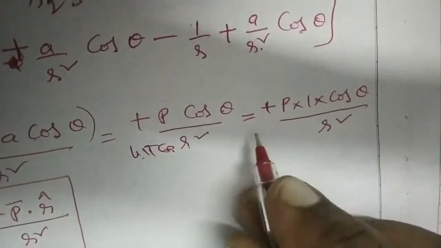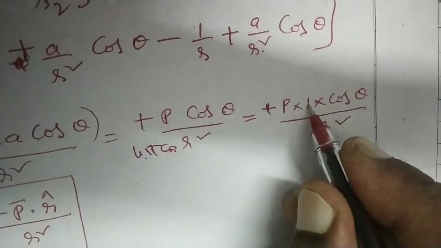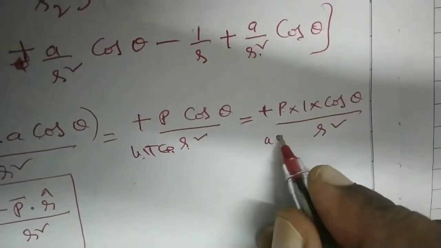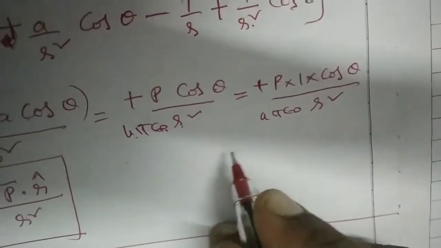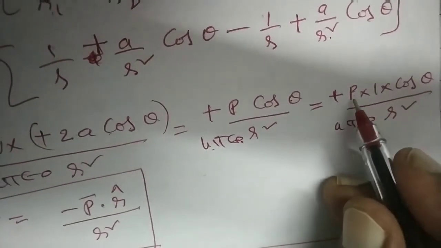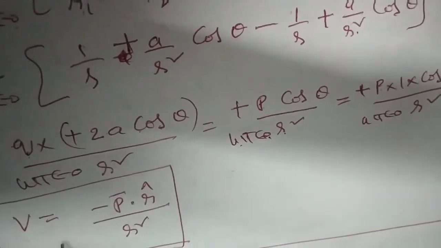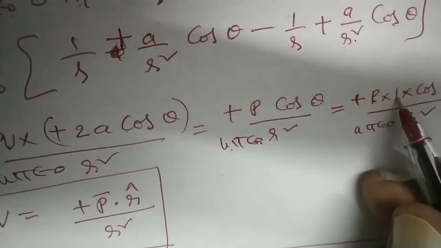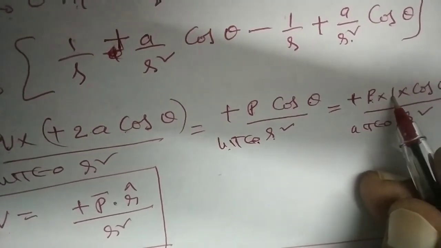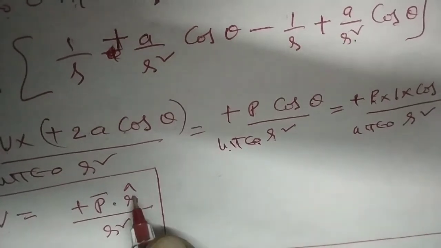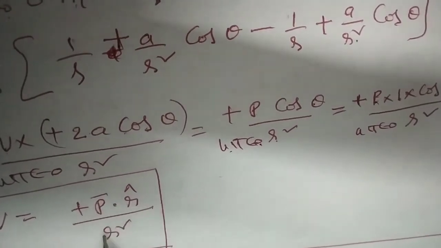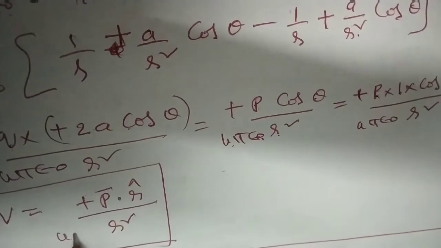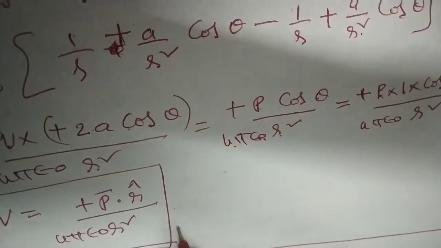We can write p cos theta as p into 1 into cos theta by 4 pi epsilon 0 r square, and this we can write as a dot product, since cos theta comes from a dot product. So V is equal to p vector dot r cap by 4 pi epsilon 0 r square, where r cap is the unit vector. So this is the answer.